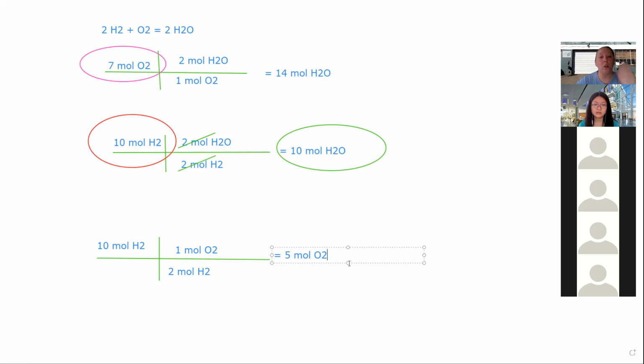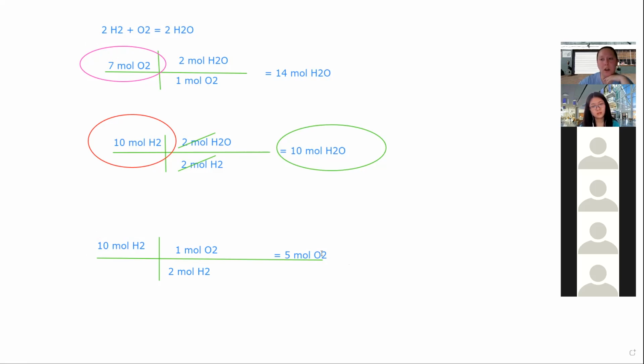So we have used 5 moles of O2. So 10 moles of H2 will need to react with 5 moles of O2 in order to make 10 moles of H2O. But we started with 7 moles of O2.